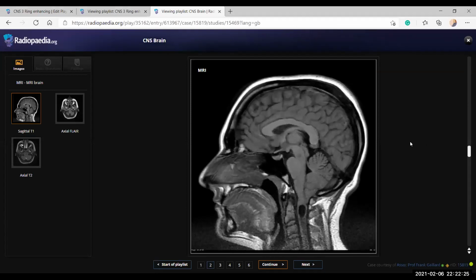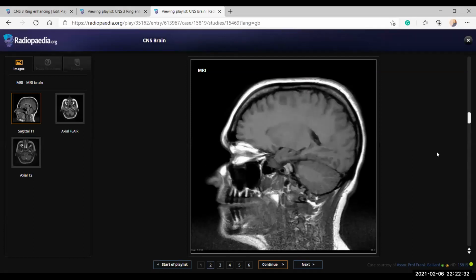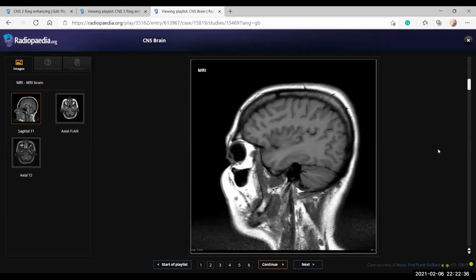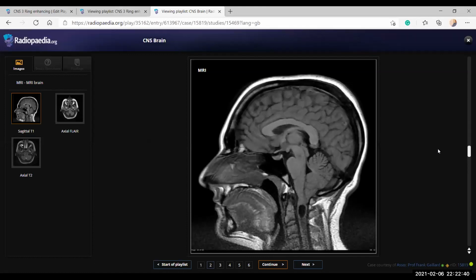This is a multiplanar multi-sequence MRI of an adult male patient, 30 years, I think. You can tell me where to stop. Yes, we'll stop at mid-sagittal. This is the sagittal T1. There is a focal cystic dilatation of the upper cervical cord, a focal syrinx dilatation of low signal intensity in T1.